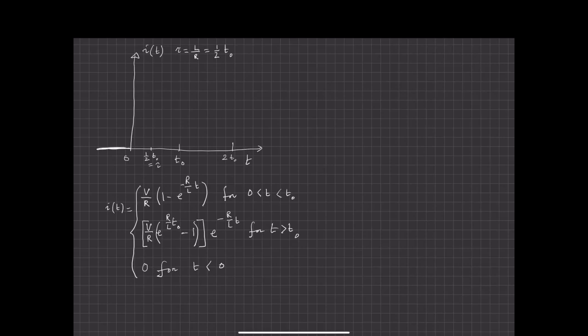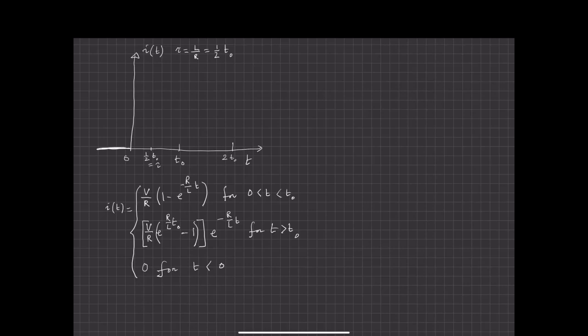Now let's look at the expression for t between 0 and t naught. That's exactly the expression we had for a simple RL circuit with a voltage source. What is that function trying to do? It's trying to go towards its asymptotic limit, that is for large t.